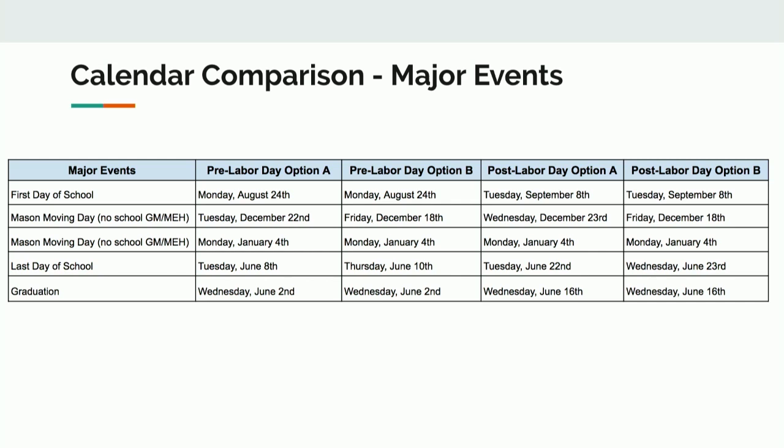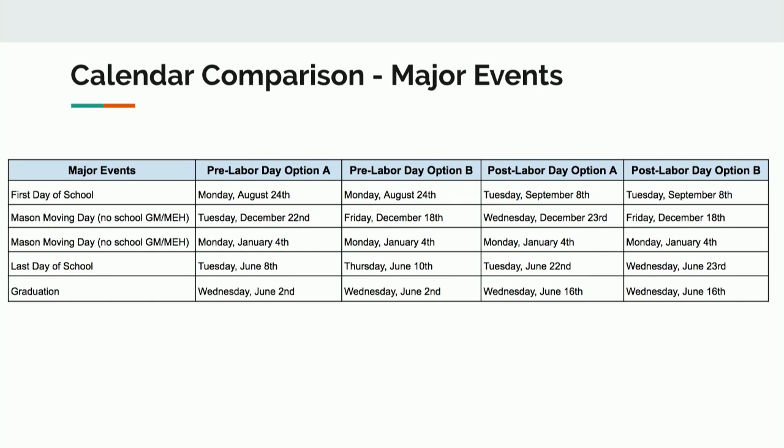The second Mason Move Day would be Monday, January 4th, the same for both options. The last day of school for option A would be June 8th, but June 10th, which is a Thursday, for option B. The graduation day would be the same for both pre-Labor Day options.